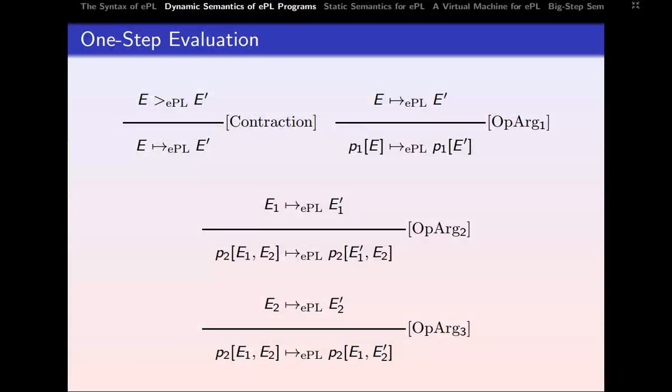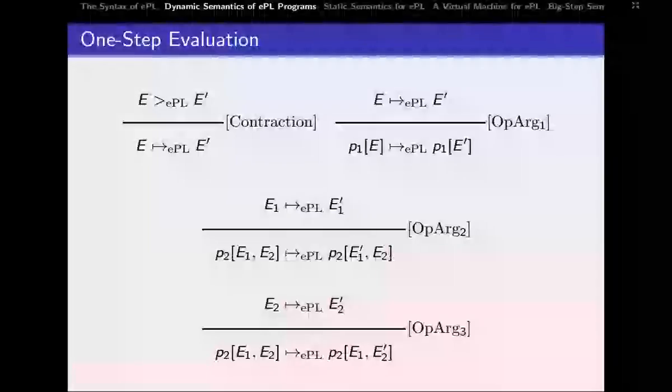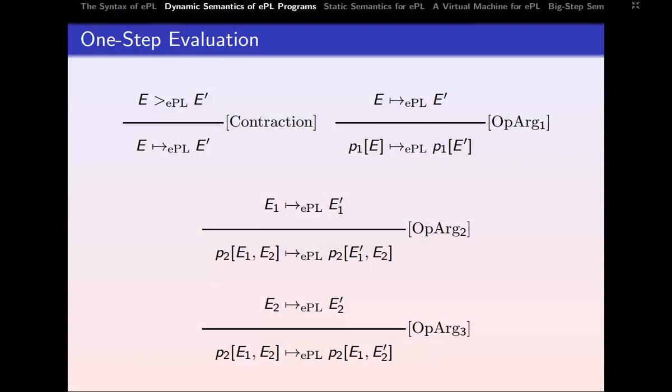Similarly, we're going to have a similar rule for binary operators, and actually we have to have two rules because here we have two arguments, a left argument and a right argument, right? So if E1 evaluates to E1 prime, then P2 applied to E1 E2 evaluates to P2 applied to E1 prime E2, right? And we do the same for the right argument.